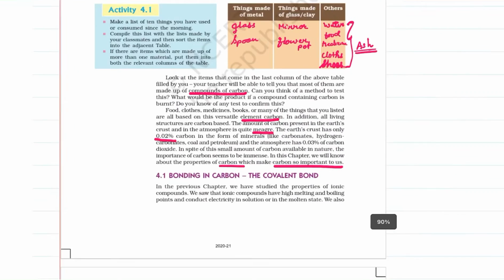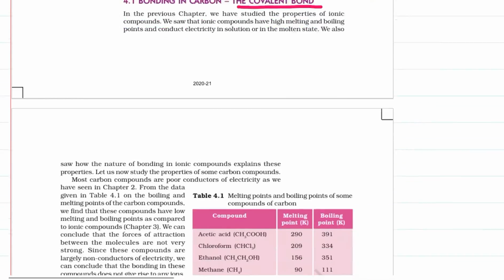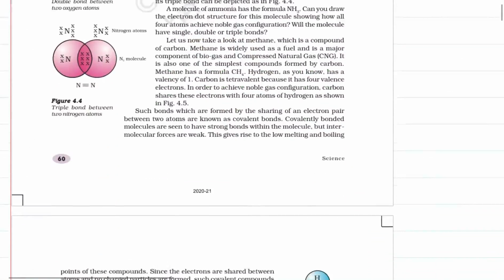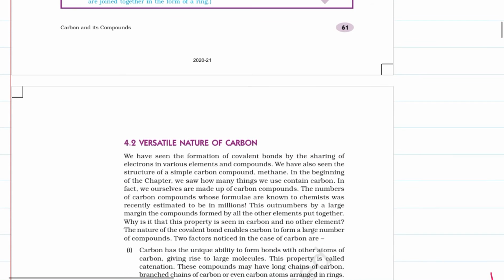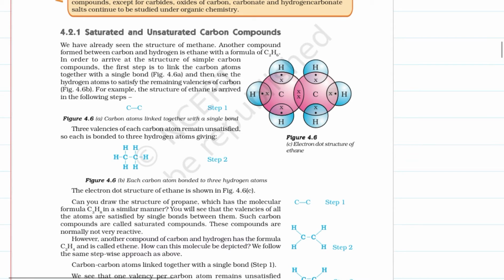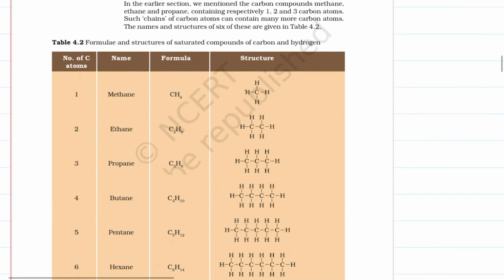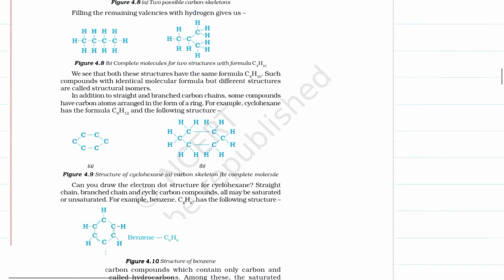The various properties of carbon are: it is a covalent compound. It is versatile in nature. It can form saturated and unsaturated carbon compounds, chain and branch and ring structured compounds.